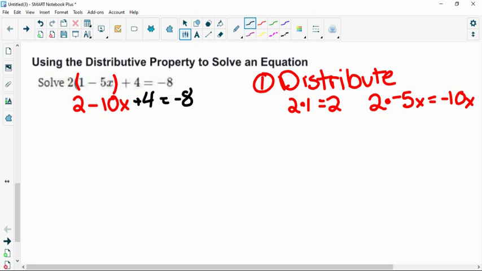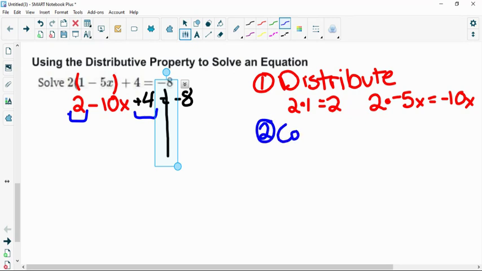So, imagine, if you would, if we split this in 2, on the left side, I have the like terms of the 2 and the positive 4. So I need to add them together to combine like terms.